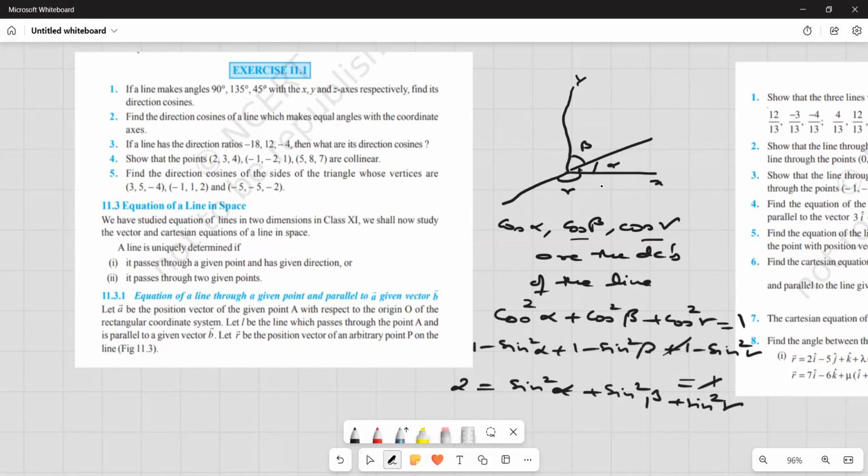Cos square alpha is (1 plus cos 2 alpha) by 2, plus (1 plus cos 2 beta) by 2, plus (1 plus cos 2 gamma) by 2. That is equal to 1.